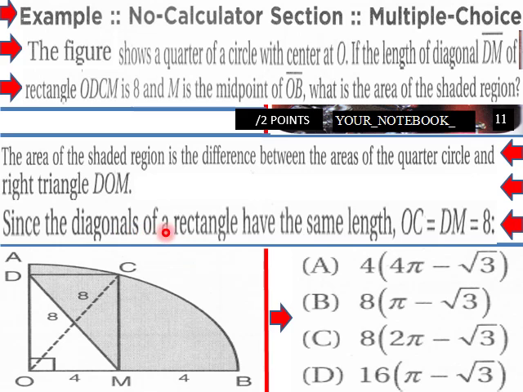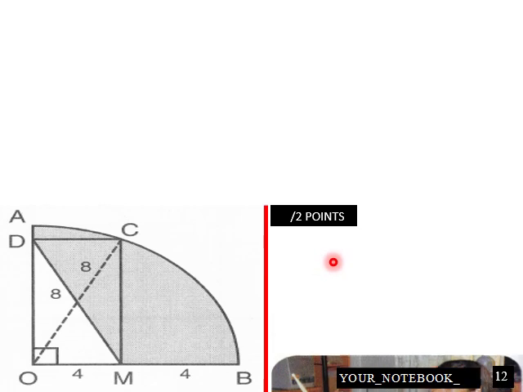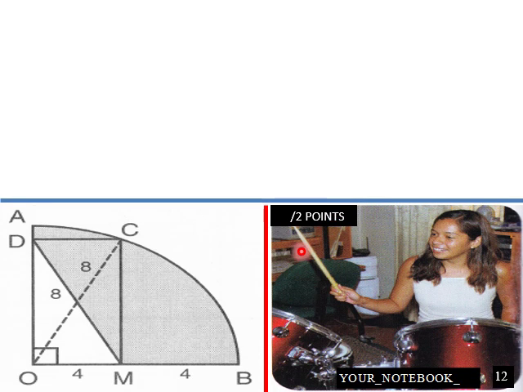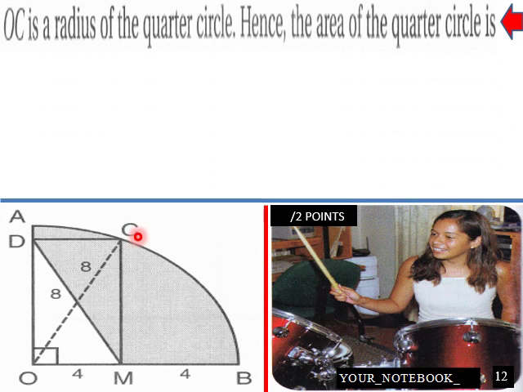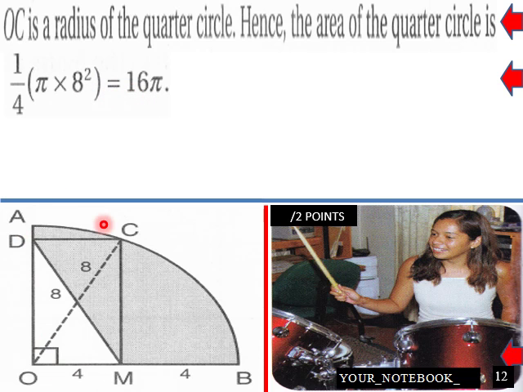Since the diagonals of a rectangle have the same length, OC equals DM. OC is the radius of the quarter circle. Hence, the area of the quarter circle is 1/4 pi times 8 squared, which equals 16 pi.